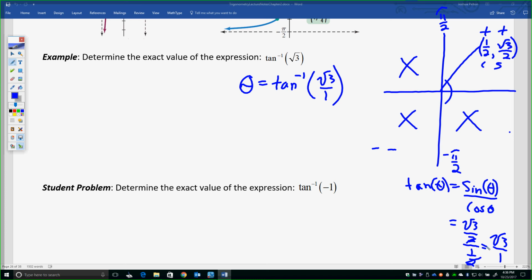Well, if I have cosine 1/2 and sine root 3 over 2, that's going to be a 60-degree angle, correct? So that's a pi over 3. So my theta is pi over 3. Okay, pause the video, try the student problem.